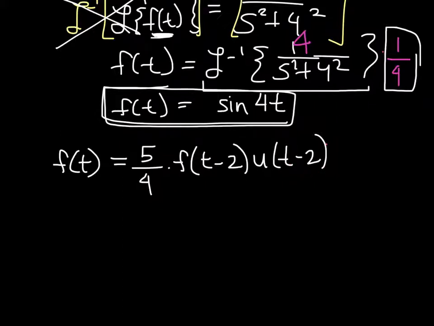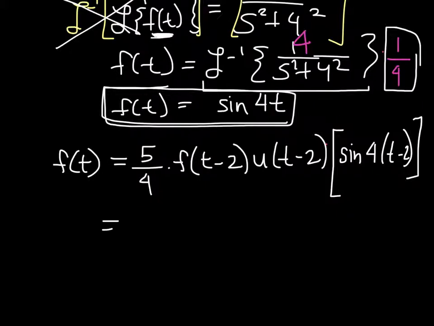Well, what's our function? It's our parent function, sine of 4t. But we can say that as sine of 4, and it's not just t. It has that shift, so I definitely have to include that.